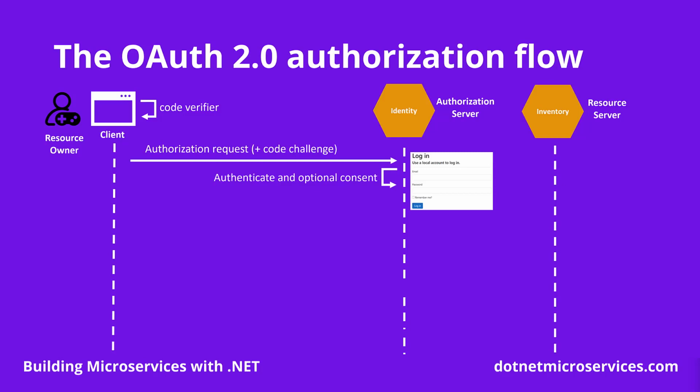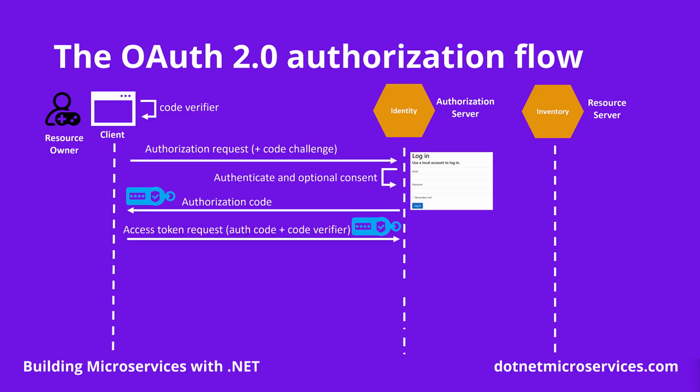After this, the authorization server stores the code challenge for future verification and generates an authorization code which it sends back to the client. This authorization code is valid only for a short amount of time, ideally no more than 10 minutes, and is only good for one use. The client can then use the received authorization code plus the code verifier it had created at the start of the flow to request an authorization token.